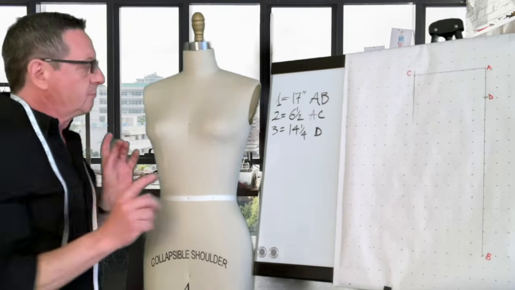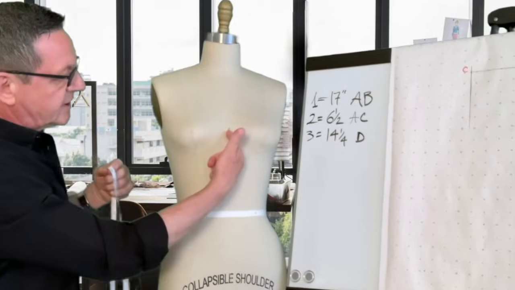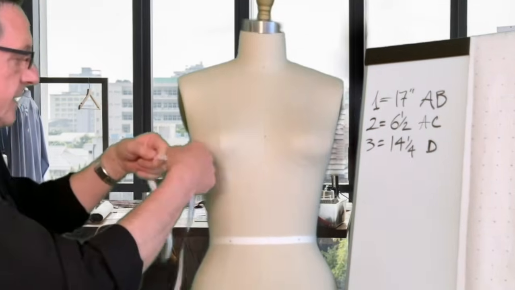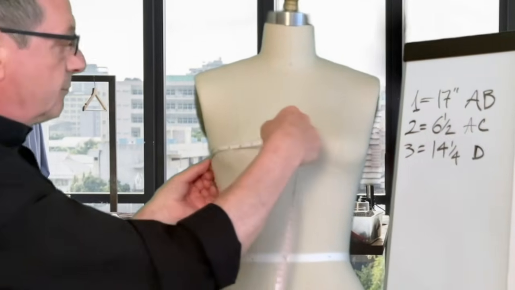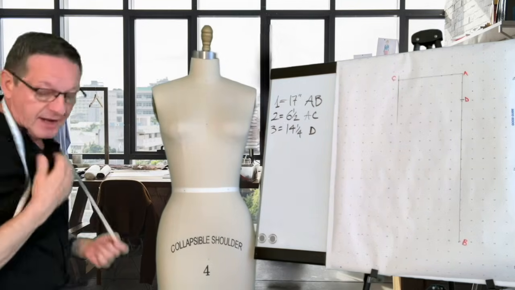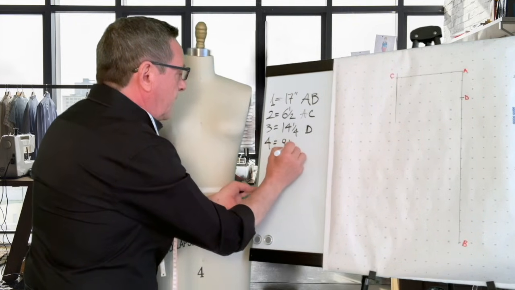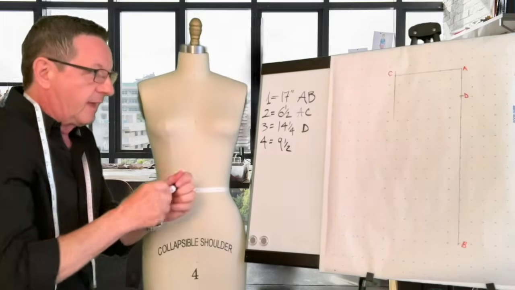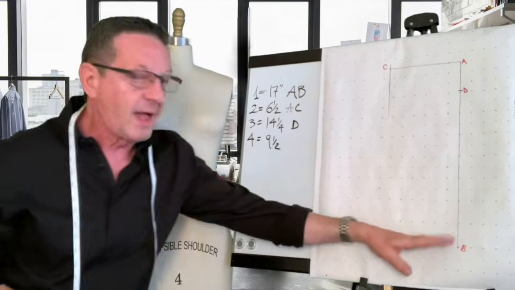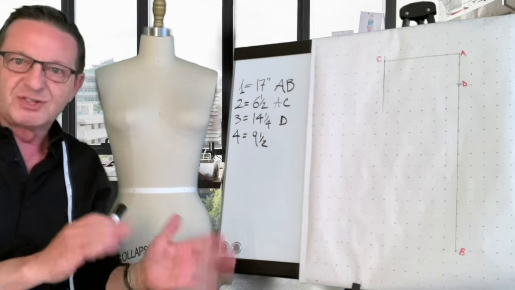Okay, next we're going to measure our bust, placing our tape measure from center front across the bust to the side seam. And in my case, it measures 9.5. So 9.5, that's our next measurement. Measurement number 4 is 9.5. And now watch this. I'm gonna place that measurement here at the bottom. I know what you're thinking. Wait a minute, that's not the bust. The bust is here somewhere. Trust me. Trust the process.